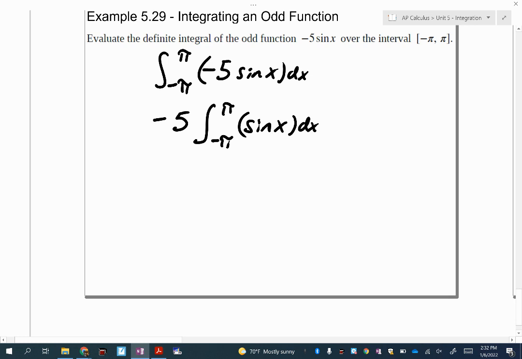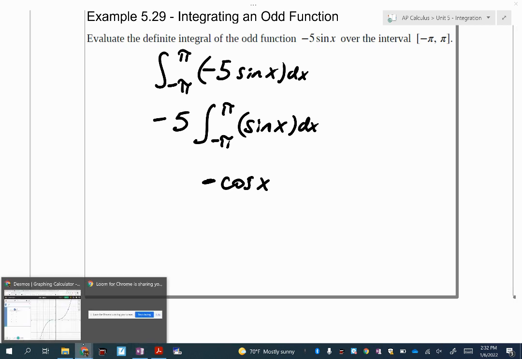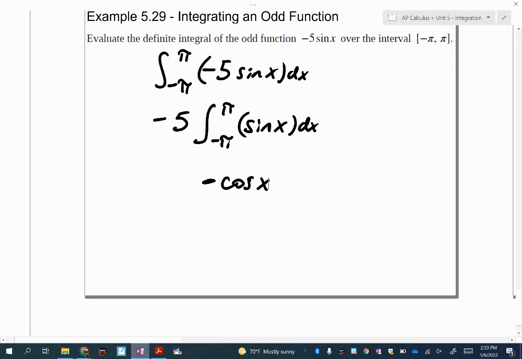Now, I am going to be trying to find the antiderivative for sine of x. Well, I know that the derivative of cosine of x is negative sine x, but I don't want a negative sine x, I want a positive sine x. So I'm going to throw that negative sign in front. Now, I do have that -5, and I'm going to ignore it until the very end.